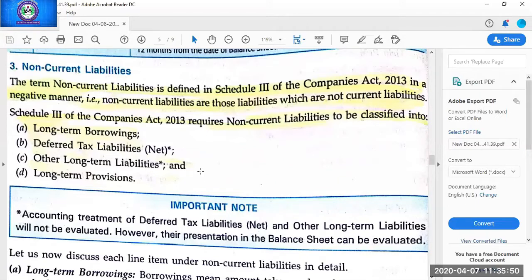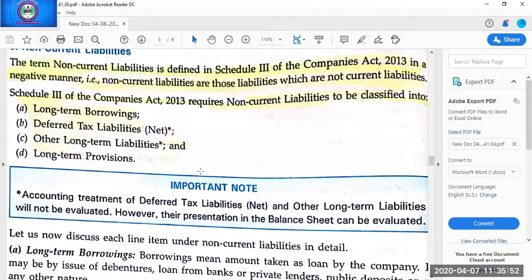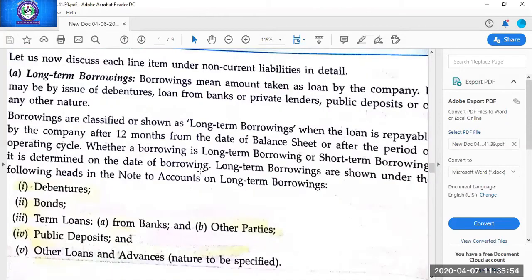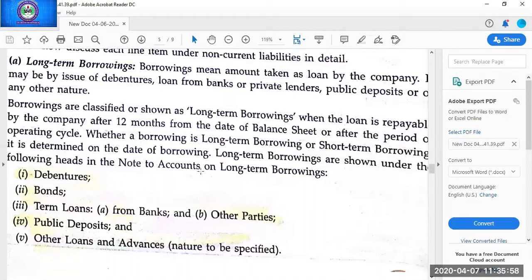Okay, so I'm starting with the first subhead, that is long-term borrowing. Long-term borrowing means amount taken as a loan by the company, maybe by issue of debentures, loan from banks or from private money lenders, public deposits, or by any other nature. So these borrowings will be classified as long-term borrowings when the loan is repayable by the company after a period of 12 months. Okay, so these are the examples.